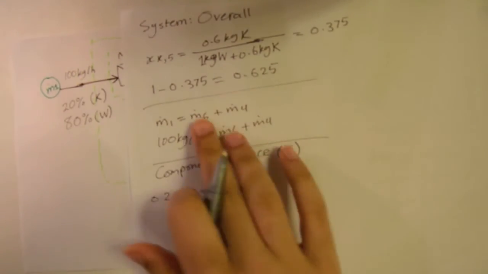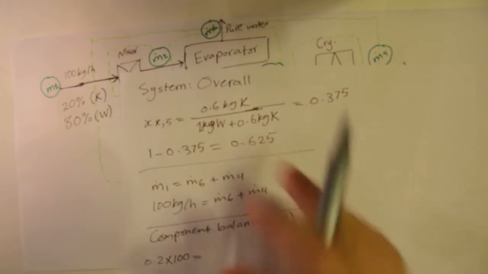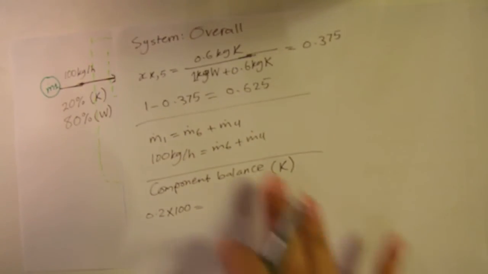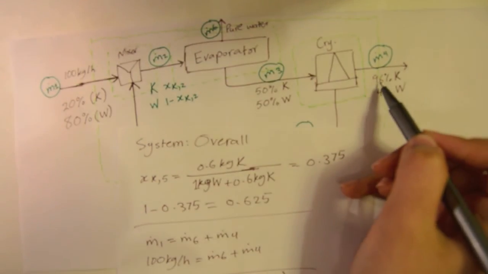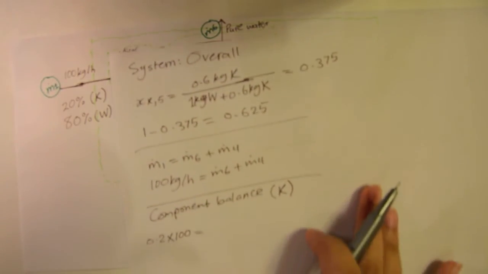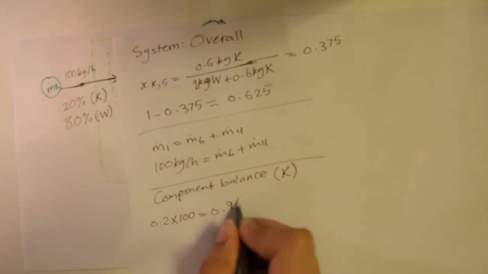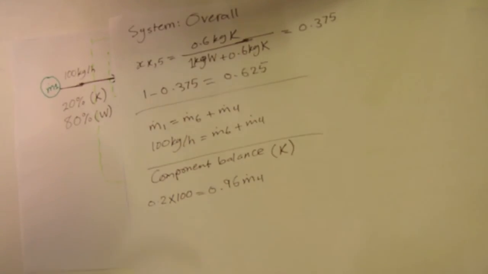equal, because of course M6 is only pure water, so the composition of K in M6 is 0, and in M4 it's already known, which is 96. Okay, so it's 0.96 multiplying by M4.